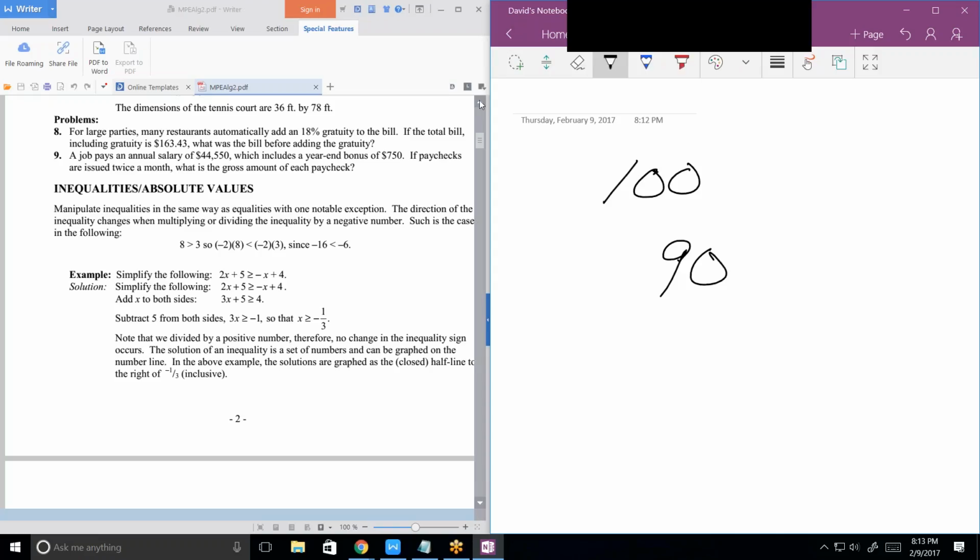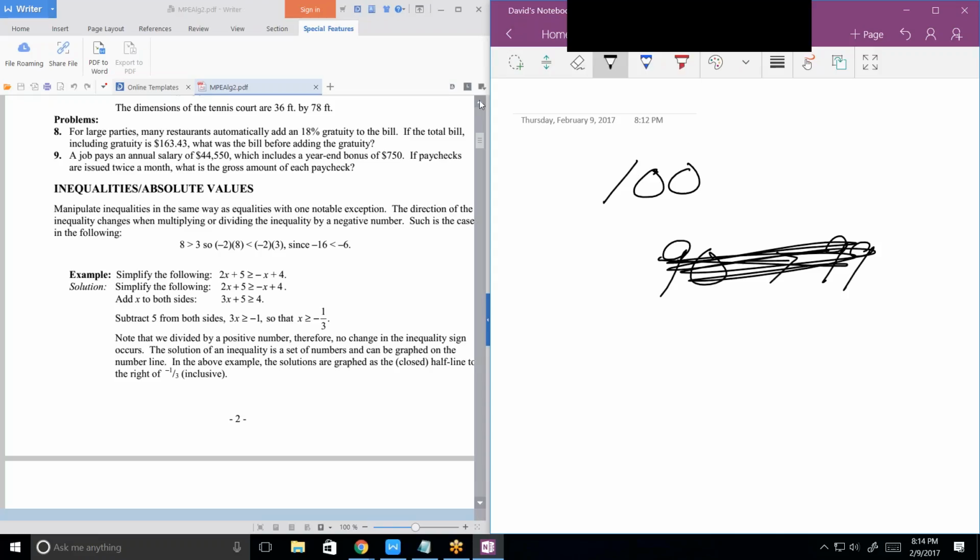Take 10% of 90 and add it to 90. This would be 99. So what that tells you is that when you're taking a percent down and then adding the same percent to get back up, you don't get back to the original number, ever.